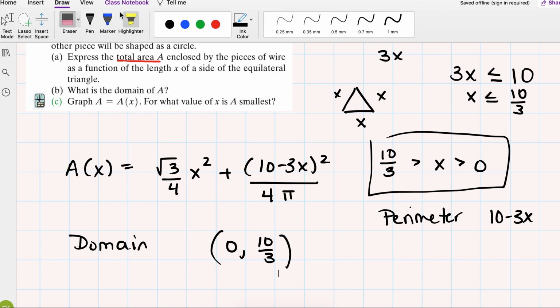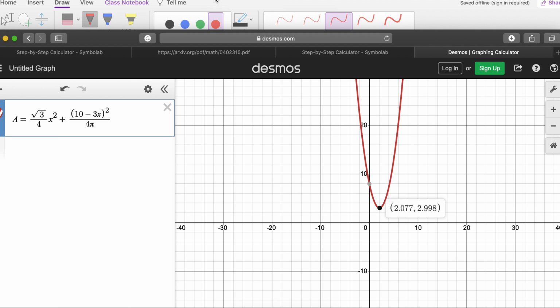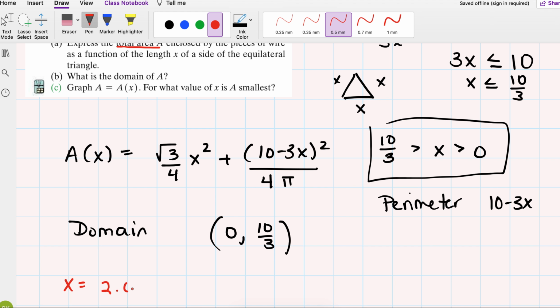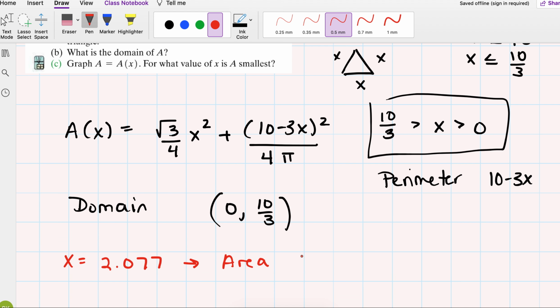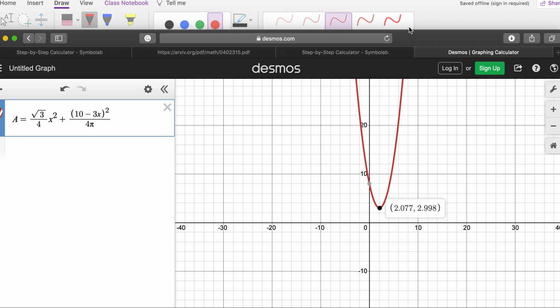So when x is equal to 2.077, the area is the smallest, and that area is actually equal to 2.998.